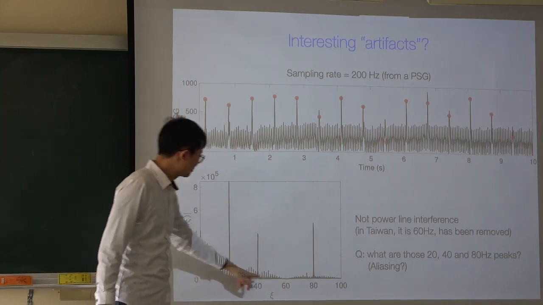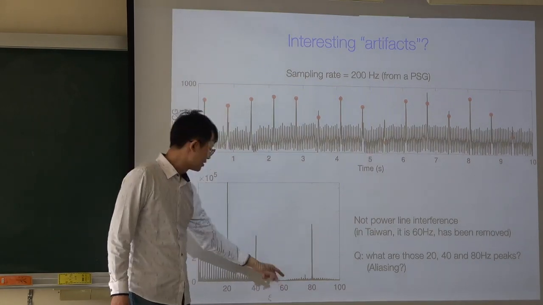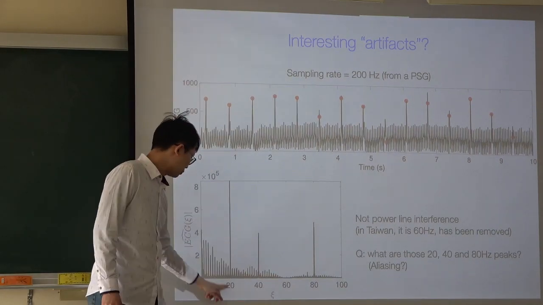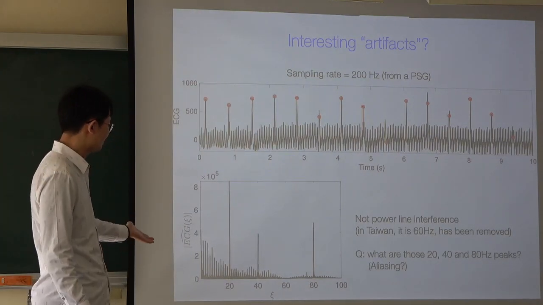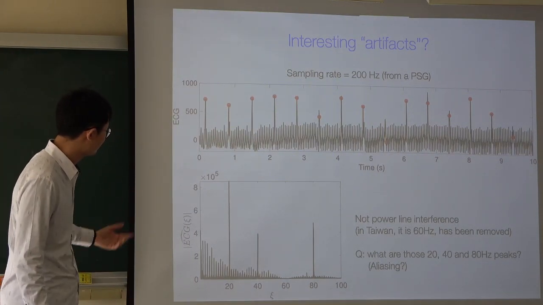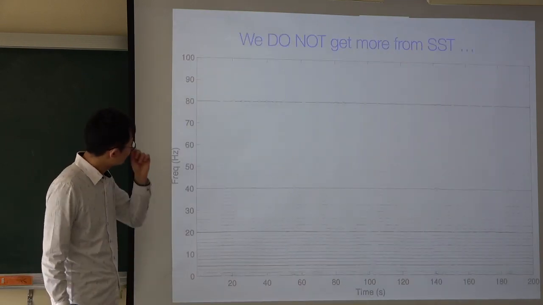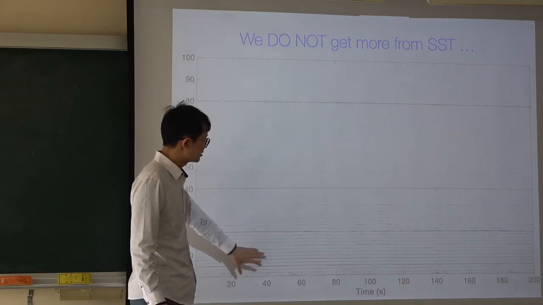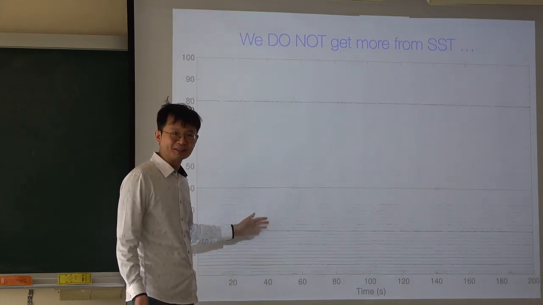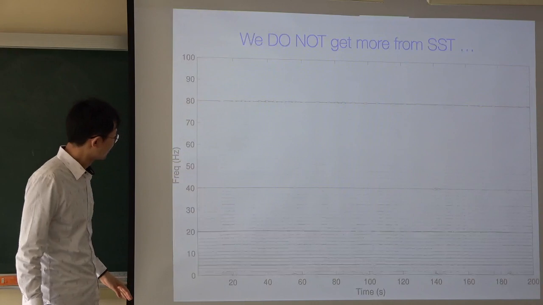But it turns out, no. The power line interference, 60 Hertz, has been removed. You get 20 Hertz, 40 Hertz, 80 Hertz. I have no idea what they are. I have asked around, maybe it's aliasing, we don't know. But if you look at a synchrosqueezing transform, you see 20, 40, 80. The main interesting part is here.